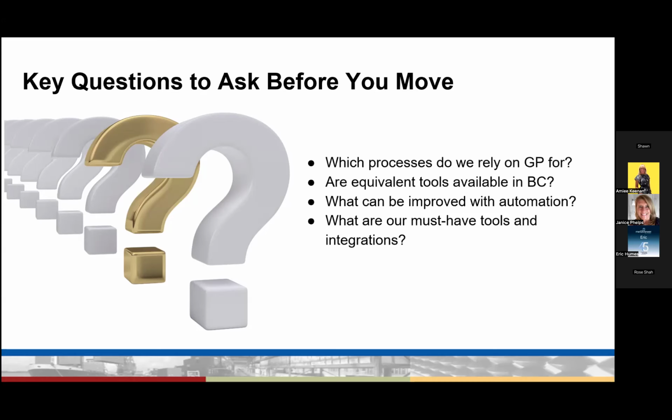Shawn had that great slide saying, here's how it's done here, here's how it's done there. Looking at that and at those areas, and then, if there is a gap, are there ISVs that have solved that problem, and what could be done better? What are some things we were doing in Dynamics GP that we can do even better in Business Central by adding automation of some type, whether it's workflow or something like that?